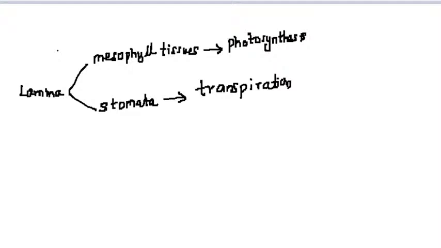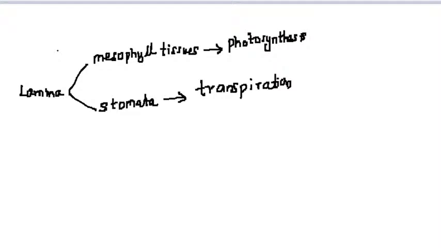The lamina is the flat green portion. The lamina contains mesophyll tissues. These tissues are involved in the process of photosynthesis. And in the epidermis, on the lower surface of the leaf, they have small pores called stomata, which help in transpiration.